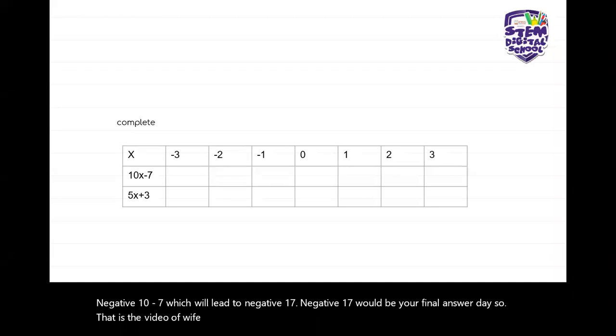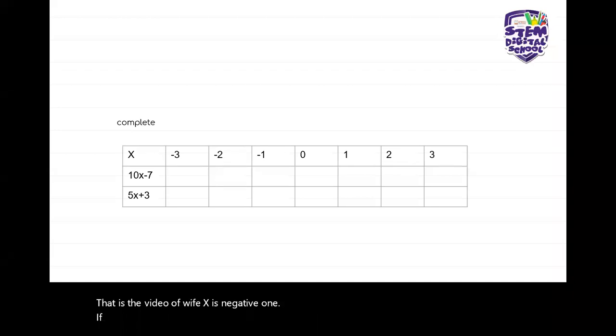Now, if x is 0, what will be the y value? 10 times 0 is 0, and then minus 7 is negative 7. 0 minus 7 is negative 7, by the way. So you will have negative 7 as the final answer if x is 0.